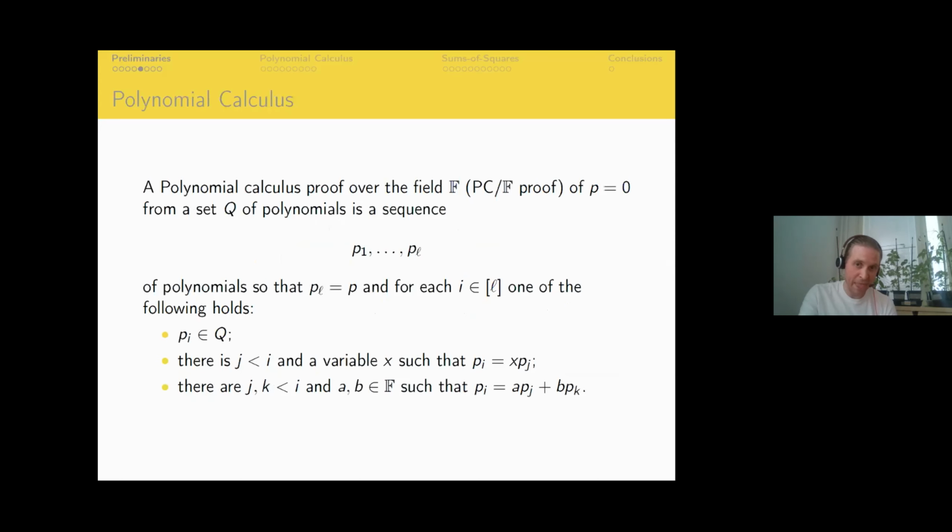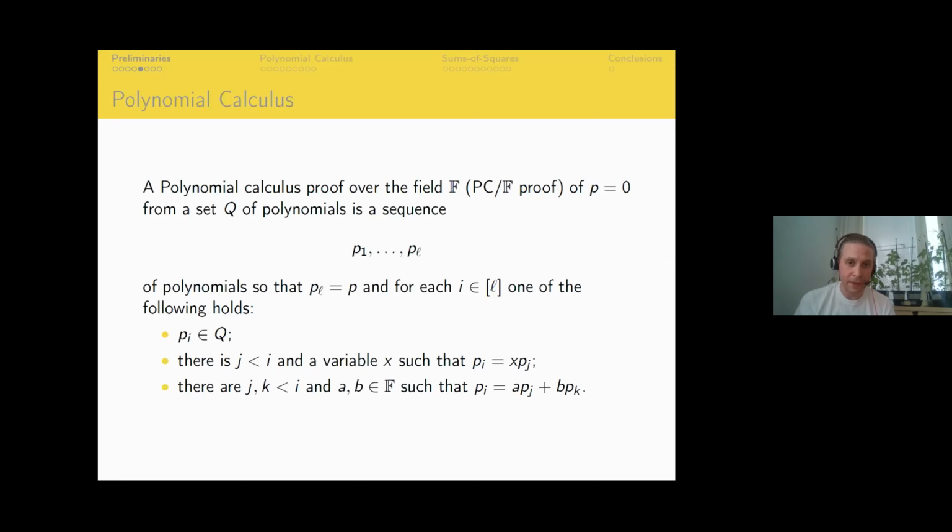Okay, so let's next talk about the two proof systems I'm going to look at. They are polynomial calculus and sums-of-squares. Polynomial calculus is a polynomial proof system based on schematic inference rules, so that proofs are actually like DAGs or trees.